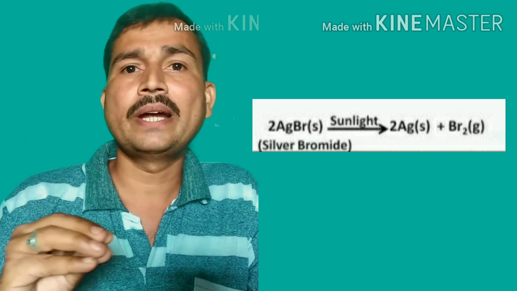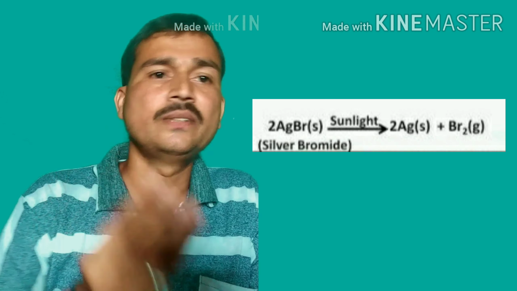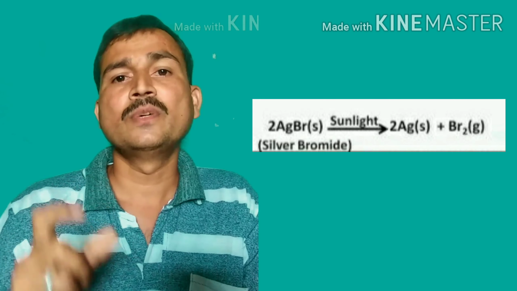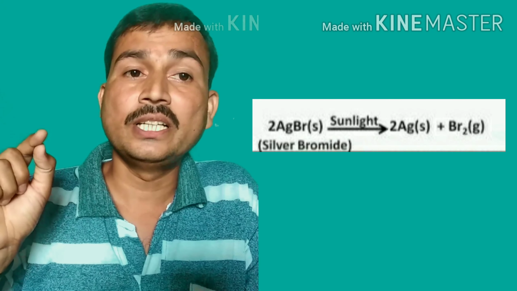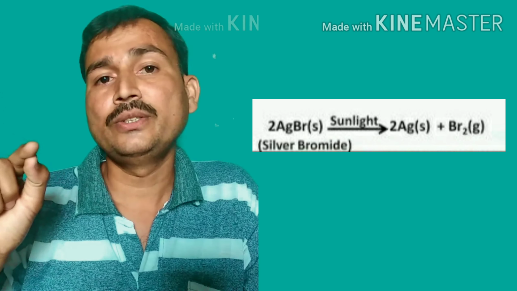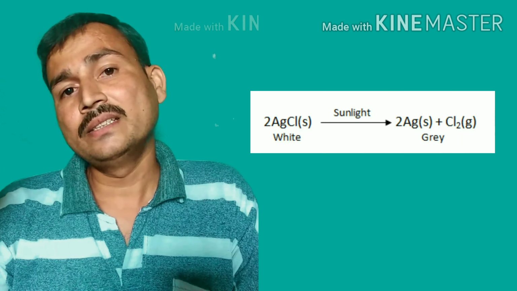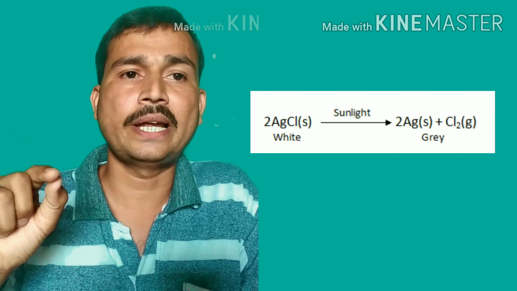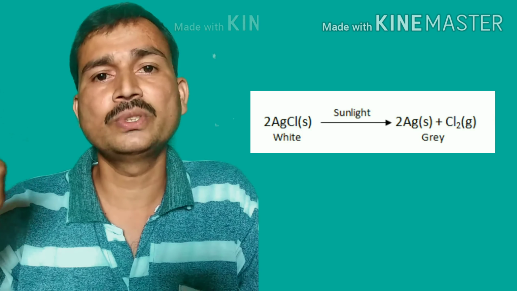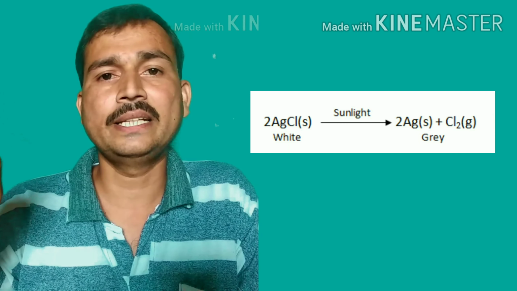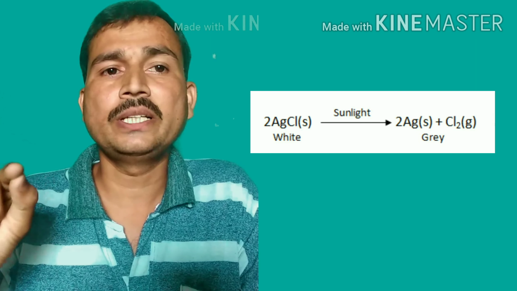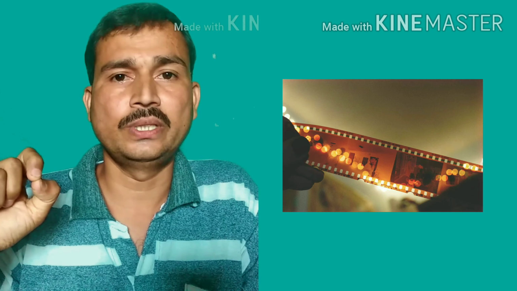When silver bromide is also kept in the china dish and exposed to sunlight, it turns the same gray color, as silver bromide turns into bromine and silver. Here in the last compound, silver chloride, 2 silver chloride forms 2 products, that is silver and chlorine. The silver bromide, when split into silver and bromine, is used in photography, students.